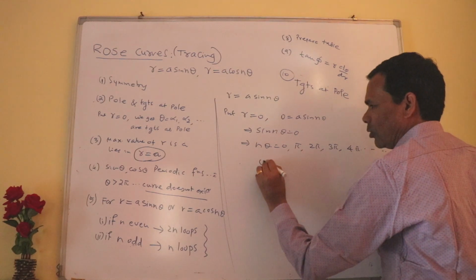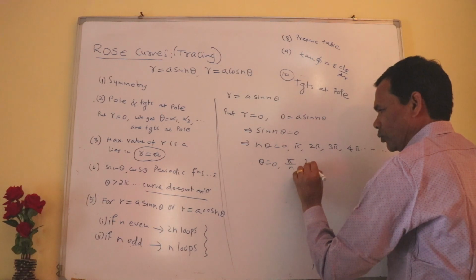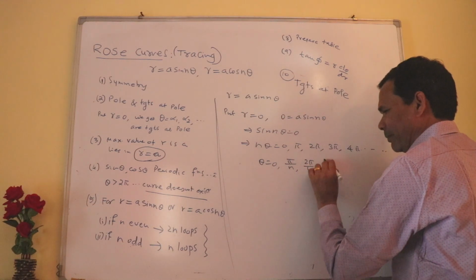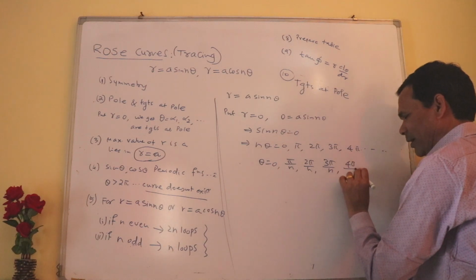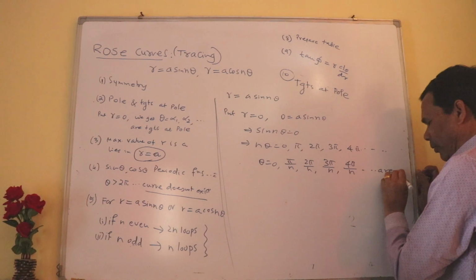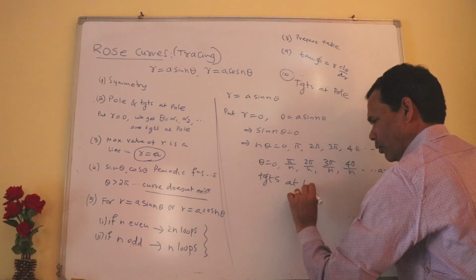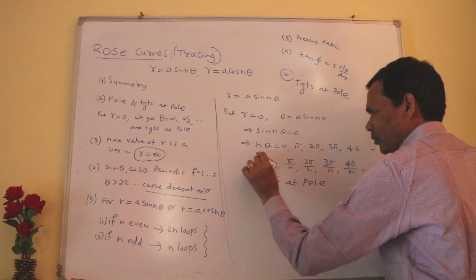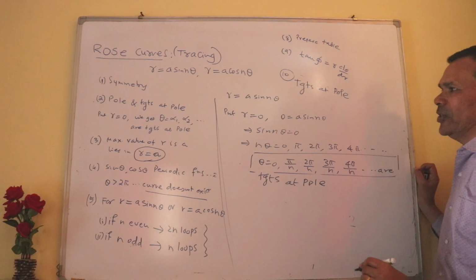So theta is equal to 0, pi by n, 2 pi by n, 3 pi by n, 4 pi by n. These are the tangents at the pole for the curve. This is an important observation to find the tangent.